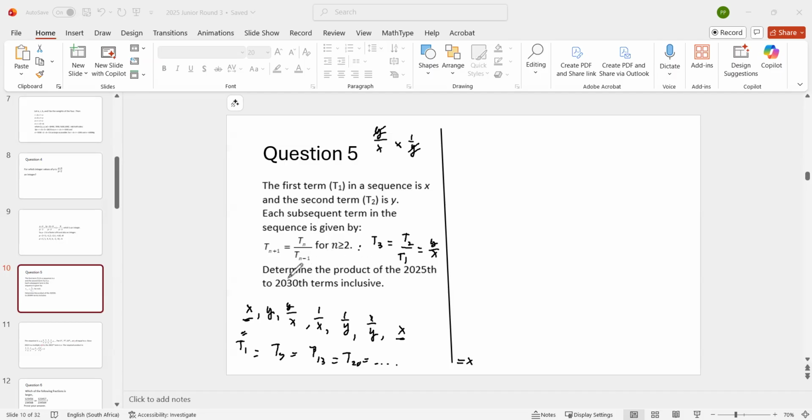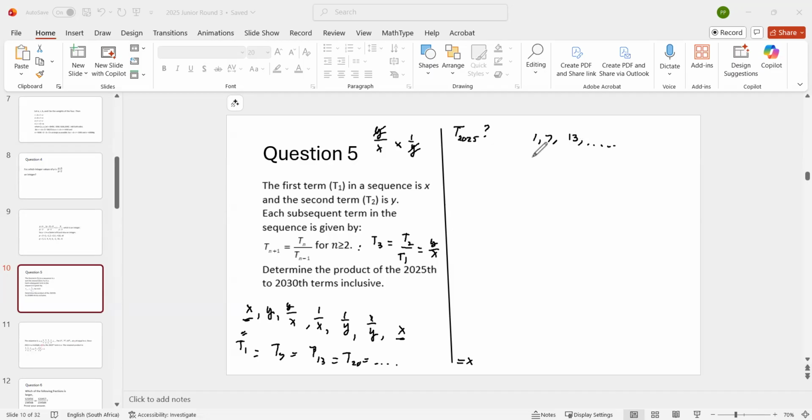Now, they say determine the product of the 2025th to the 2030th term inclusive. So I need to work out the 2025th term. Okay, now I know if I keep going on the sequence, I'll have 1, 7, 13. I know that these are all equal to x. So what is the general term here? This is 1 plus 6.